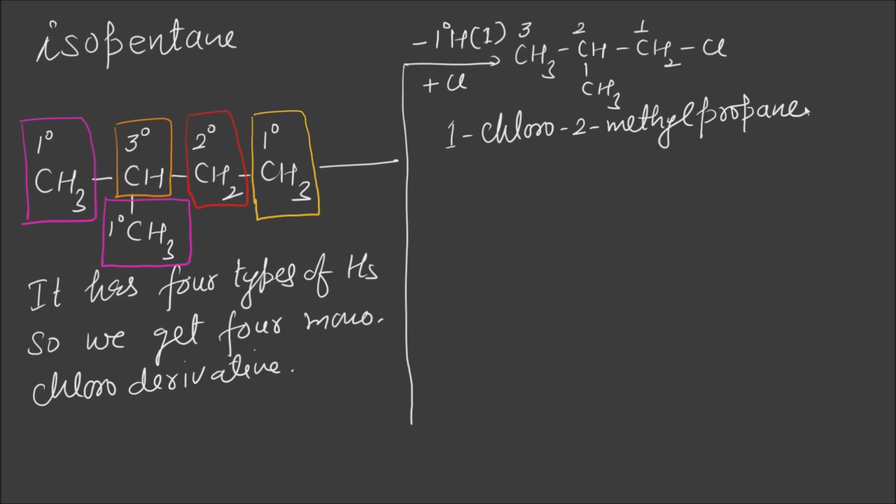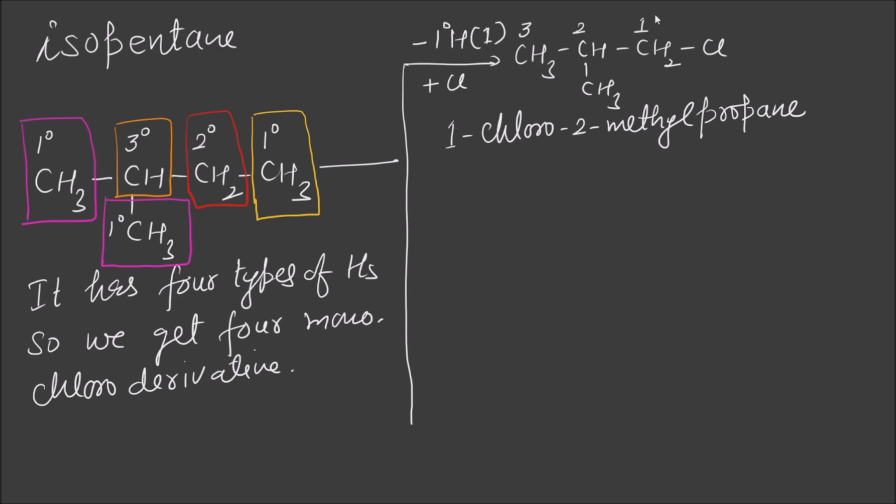Got it? First of all, give the numbering to the maximum number of carbon atoms. Don't stop anywhere. Those carbons which get the numbering are the main chain, and the carbon which is not getting the number is the side chain, that is the substituent.